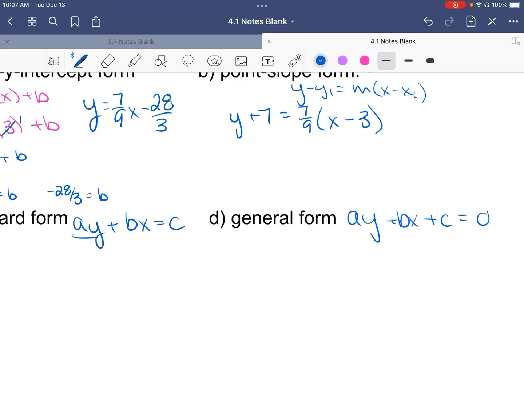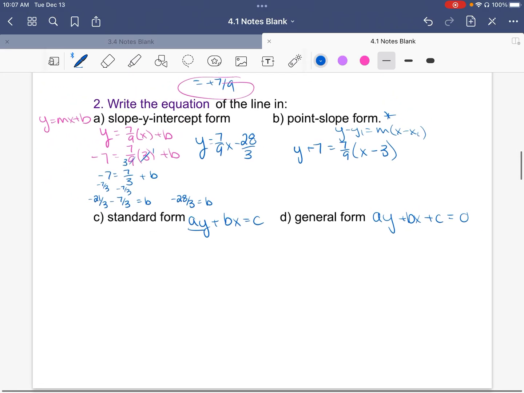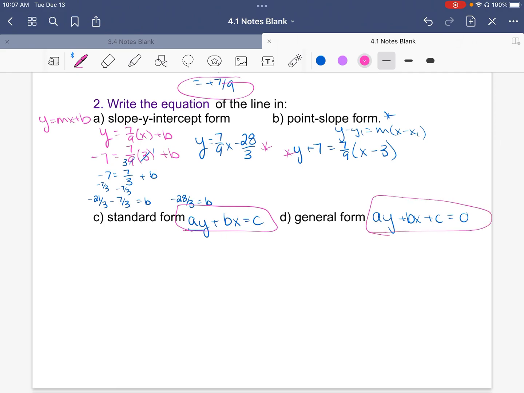And in your general form, your a has to be a positive whole number. You can't have fractions in your general form. I'm not going to do the work for those. Basically, take one of these equations that you would have found and either isolate your constant term or get it set equal to 0. Again, with general form, you can't have fractions and your y has to be positive.